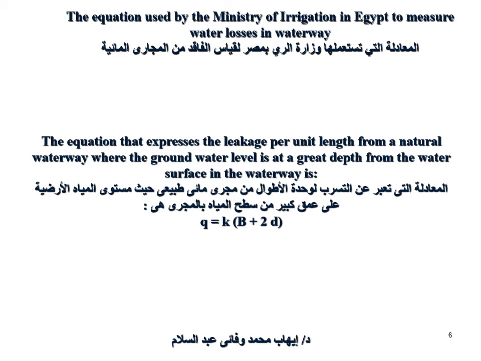The equation used by the Irrigation Ministry in Egypt to measure water loss in waterways. The equation that presents the leakage per unit length from a natural waterway, where the groundwater level is at a great depth from the water surface in the waterway: q equals K multiplied by (B plus 2D).